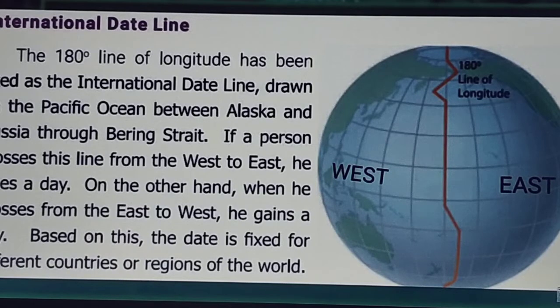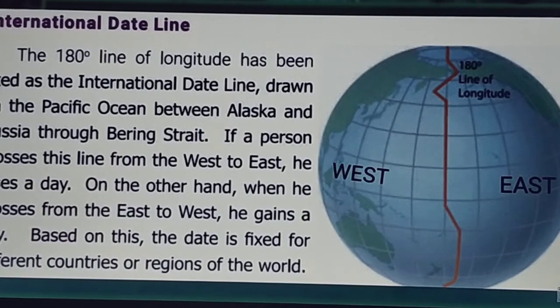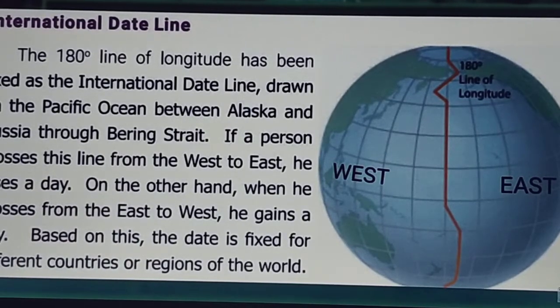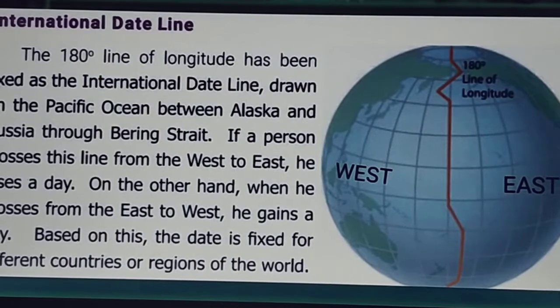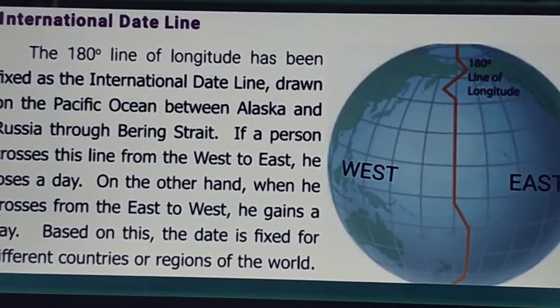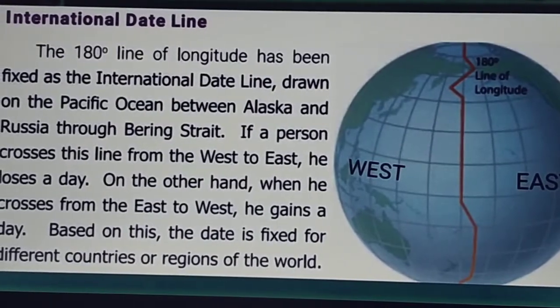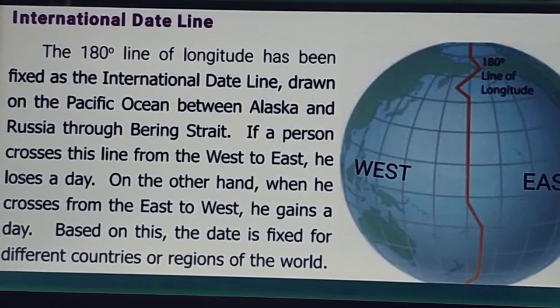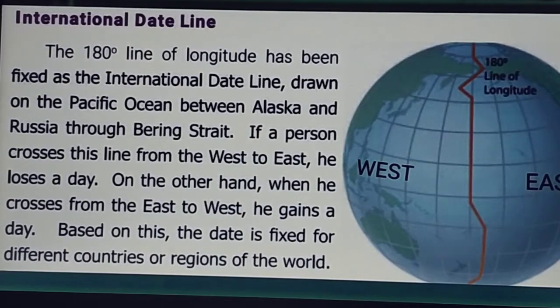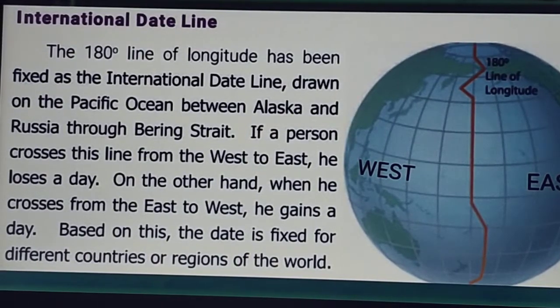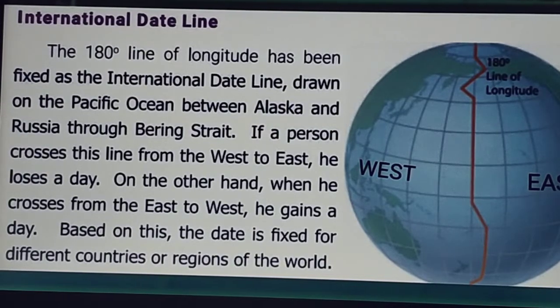If a person crosses this line from west to east, he loses a day. On the other hand, when he crosses from east to west, he gains a day. Based on this, the date is fixed for different countries or regions of the world.